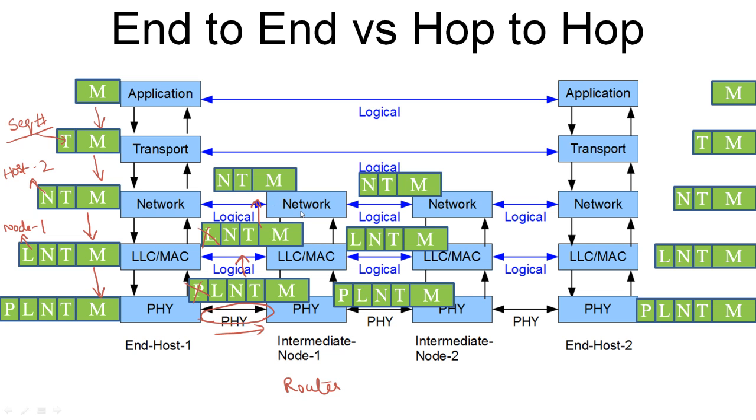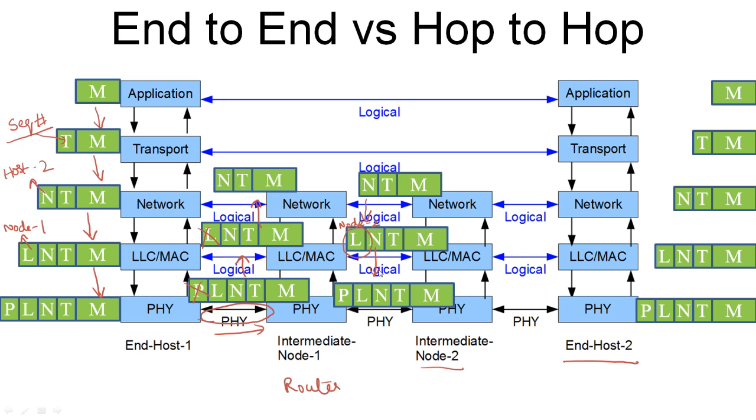Now this router will decide that in order to reach host 2, this host, it needs to go to intermediate node 2. For all you care, this router may be connected with another intermediate node 3, node 4, and so on and so forth, but it decided that this message has to go through node 2. So it will pass this message down, and this is now going to carry a destination address that corresponds to node 2.